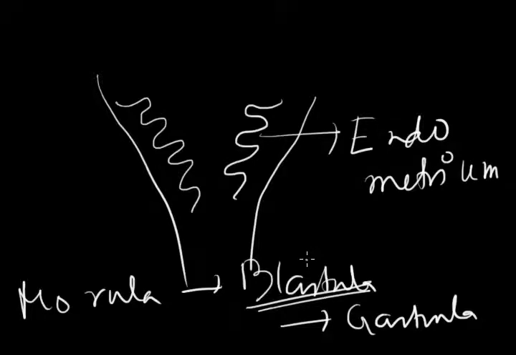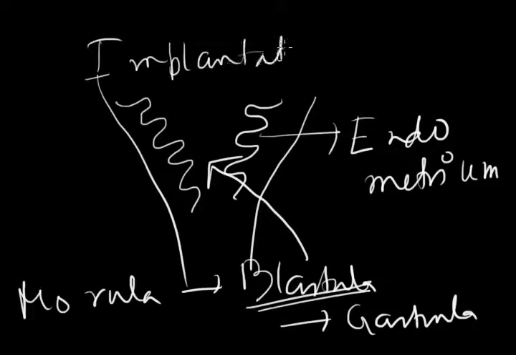Blastula in the form of blastocyst is attached here, and this attachment of the blastocyst with the help of chorionic villi within the uterine endometrium is called implantation. So implantation, whenever successful, it means that the birth is ensured.